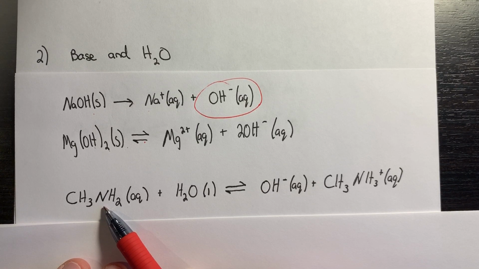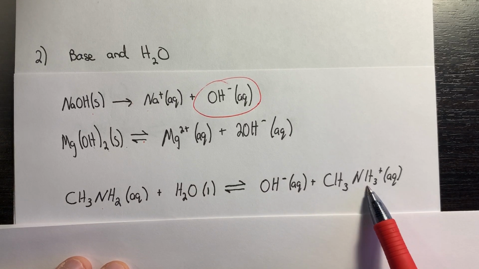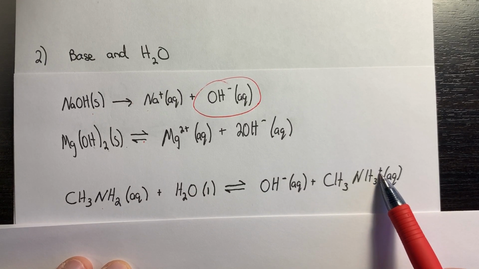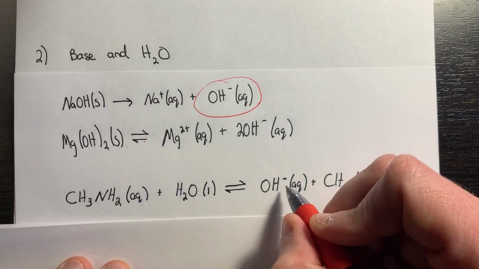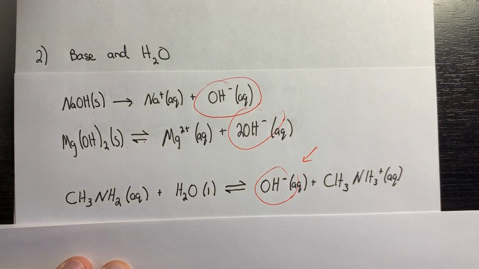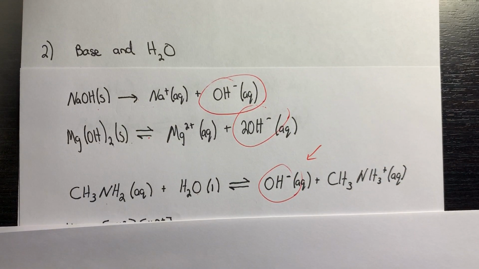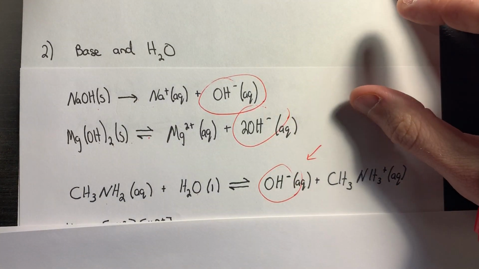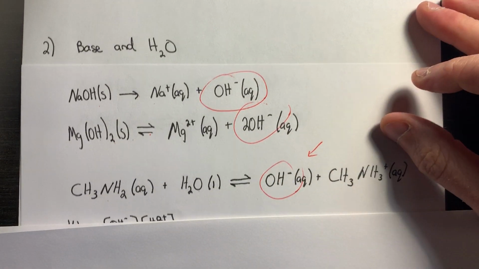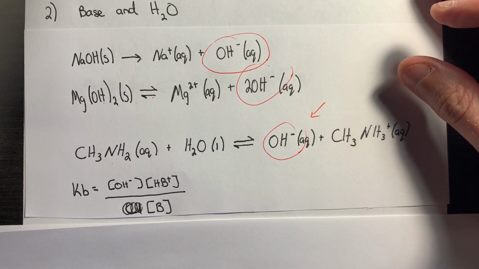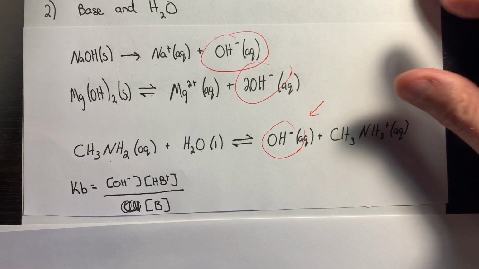As it accepts that proton, it becomes NH3 plus here, right? We're going to end up getting a positive formal charge on the nitrogen. Doing so, it deprotonates the water molecule, and again, we get that hydroxide there, which is really how we should consider this to be a base. It'd be this concentration we'd be measuring, demonstrative of, say, a pOH and therefore pH.